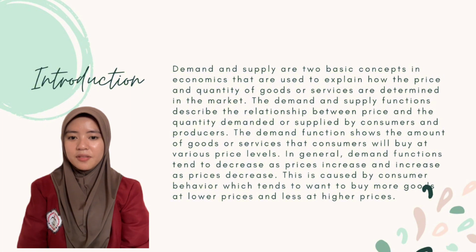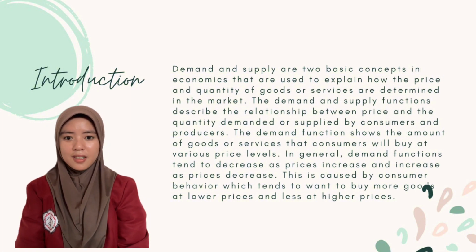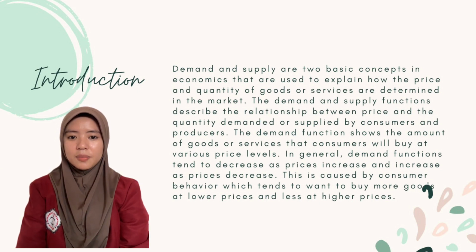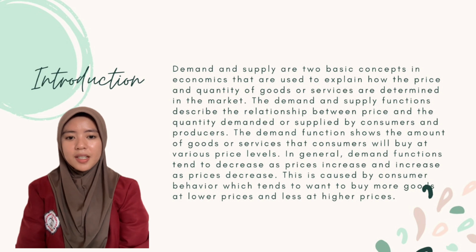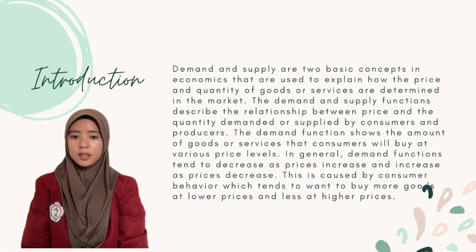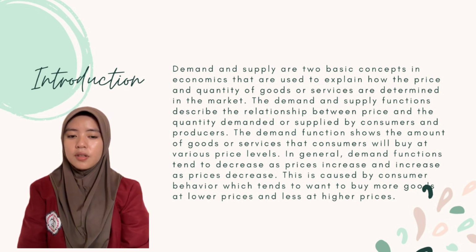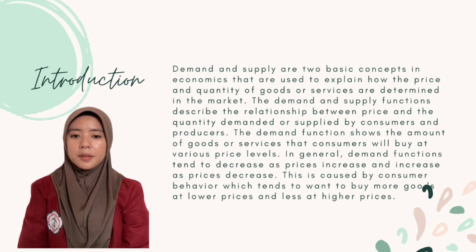In general, quantity demanded tends to decrease as price increases and increase as price decreases. This is caused by consumer behavior, which tends to want to buy more goods at lower prices and less at higher prices. The supply function shows the quantity of goods or services that producers will offer at each price level.